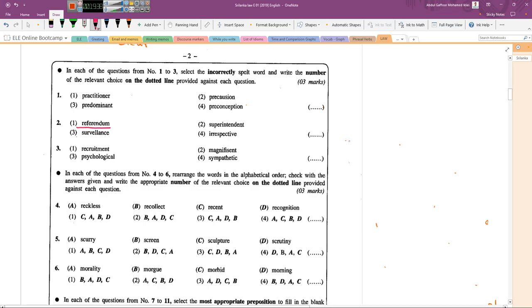Surveillance, that is not correct because there is no word called surveillance. But superintendent, that is also correct. And irrespective, that is also correct. So the answer would be 3, right? Because we do not have any word in the dictionary like this, surveillance, right? Okay. Now what is referendum?